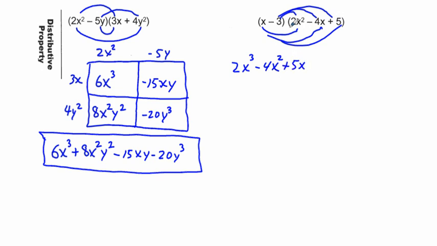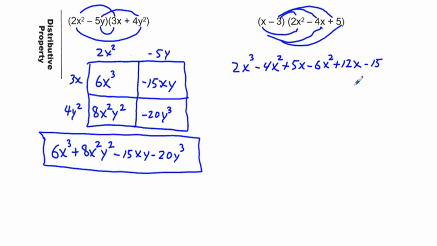And now we go ahead with the negative 3. Negative 3 times 2x squared is going to be negative 6x squared. Negative 3 times negative 4x is going to be plus 12x. And finally, negative 3 times 5 is going to be negative 15.